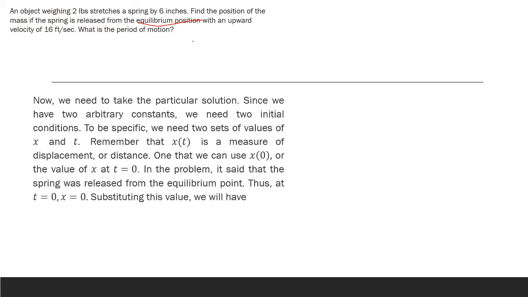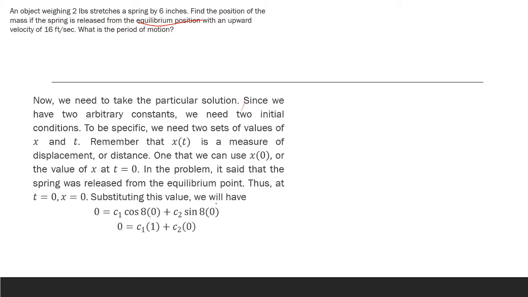So, therefore, that is at 0, x is equal to 0. So, that is our first initial condition. So, that is at t is equal to 0, x is at equilibrium position or at 0. Substituting this, we will have x natin, 0, is equal to c1 cosine 8 times 0 plus c2 sine 8 times 0.